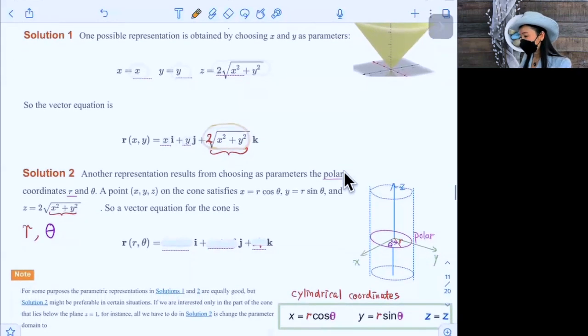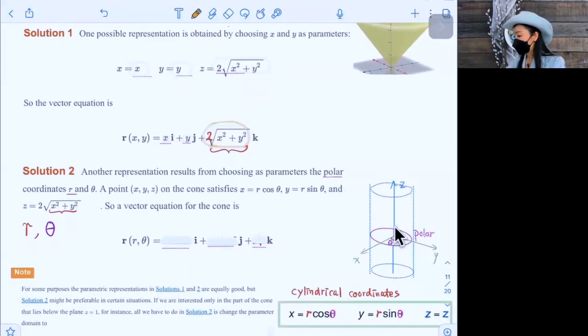Another one, we can actually use the cylindrical coordinates. Because the cone here is kind of circular, like that, think about the cylindrical coordinates. So we're going to use r and theta as parameters.